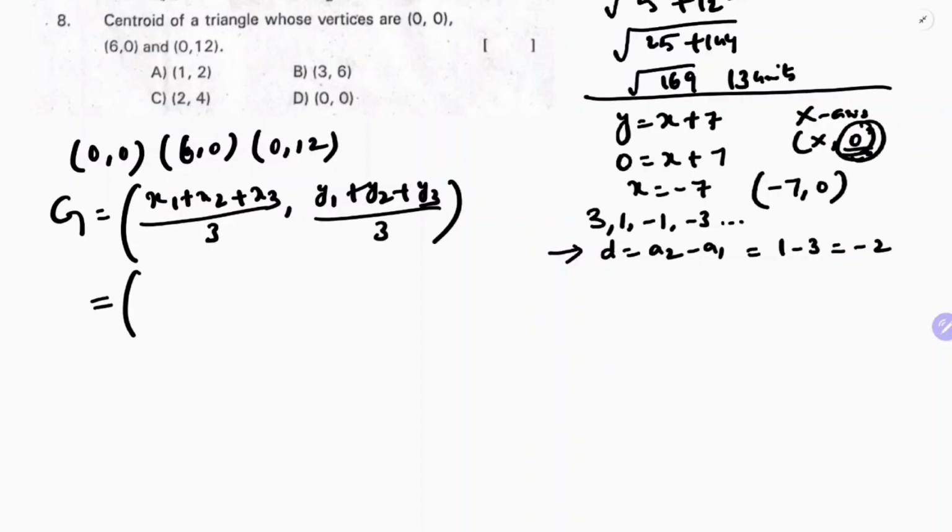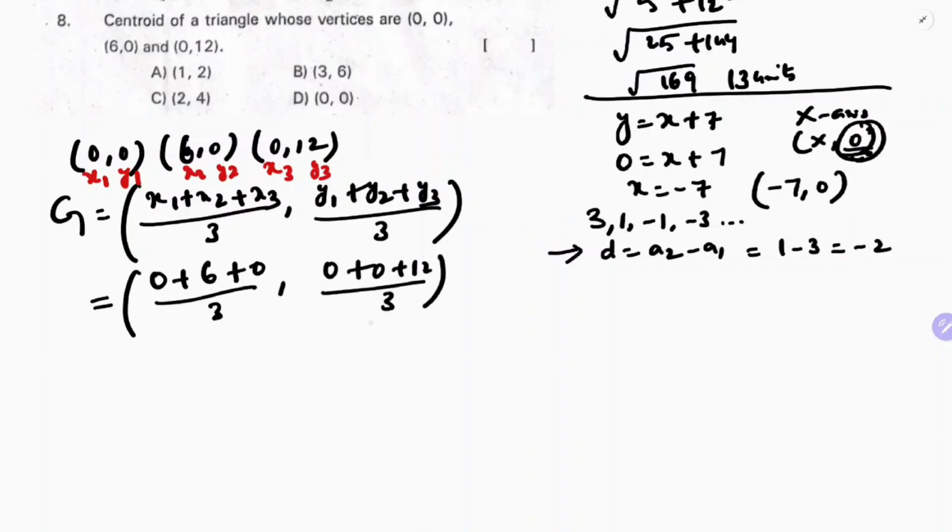Here these are the values x1 y1, x2 y2, x3 y3. So if we substitute the values, (0 plus 6 plus 0) by 3, (0 plus 0 plus 12) by 3, so nothing but 6 by 3, 12 by 3, so (2, 4). So the correct option is C.